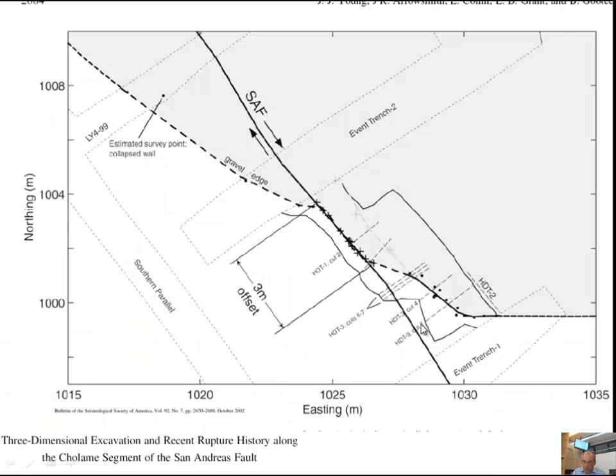And then we dug with the shovel many times, just cutting back. And so we found, so this gray shows this sheet of gravel. So it was gravel coming in to the fault and across the fault, and then it was offset in the earthquake. And so we mapped, the dots are where it's natural edge of the gravel, and the crosses are where it was faulted. And so it clearly comes in, hits the fault, broken, leaves the fault unbroken. So 3 meters of offset right at the fault, okay?